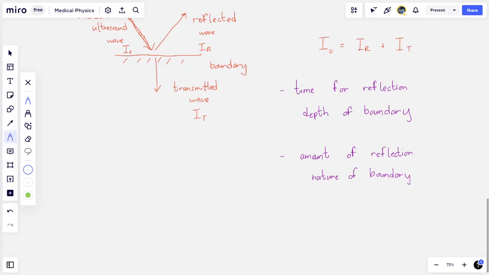What type of boundary the ultrasound wave is encountering. If it's reflecting more, then it is a certain type of boundary. If it's reflecting less, then we can tell it's a different type of boundary. And putting all this information together, we can actually generate a picture.